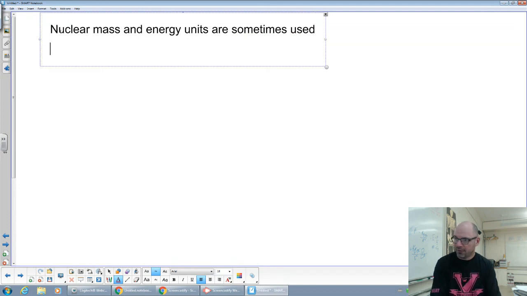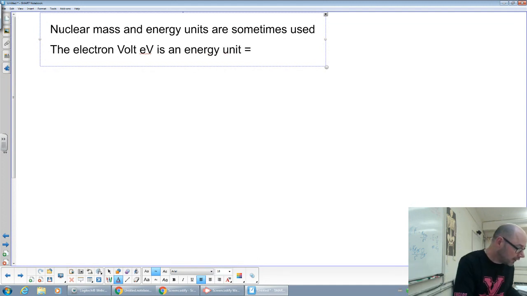The electron volt, which is usually signified like this, is an energy unit, and it equals, I got to find the constant, I can't remember that one all the time.